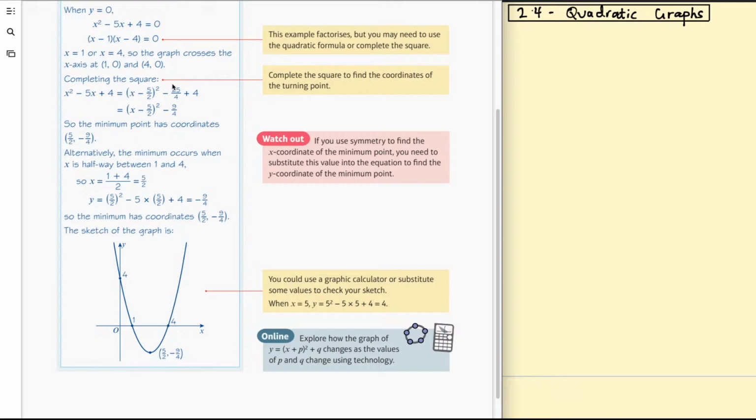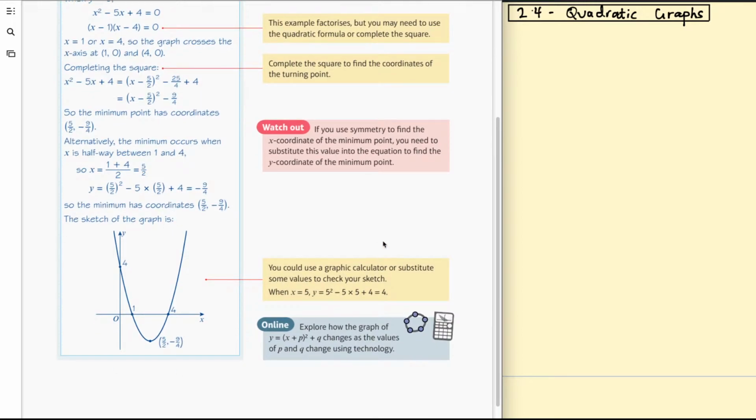You can either do that by completing the square or finding the midpoint between the two roots, and then sketch a graph. I should have got some graph paper for this, but I don't have any on this program at the moment, so we'll see how we go without the graph paper.